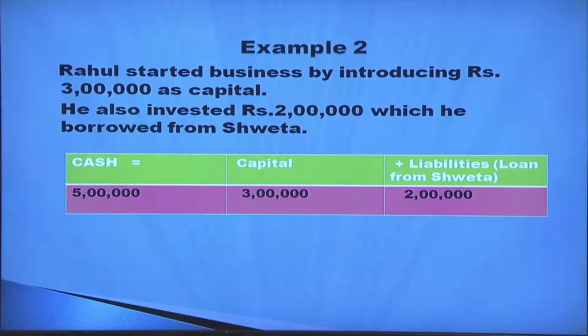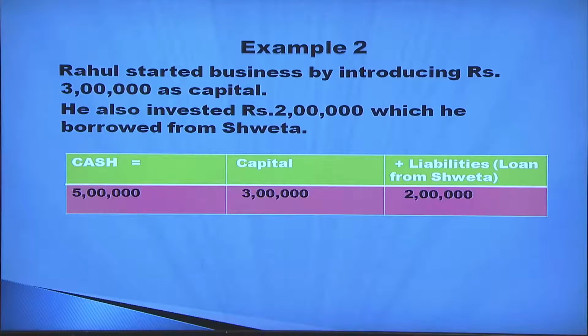Here I am giving another transaction. Rahul started business by introducing 3 lakh as capital. He also invested 2 lakh rupees which he borrowed from Shweta. So, this borrowing is a liability, or loan from Shweta.